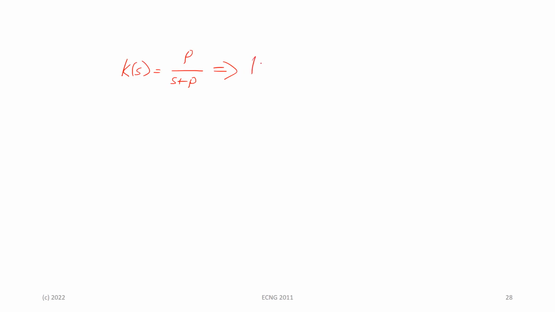So we get K(j omega), which is equal to P over j omega plus P. And we express this into our form. We want this over the form 1 plus j something. So to do that, I have to divide the top and bottom by P in this case. So I get j omega over P, and I have 1 on top here. Right, so that's K of j omega.